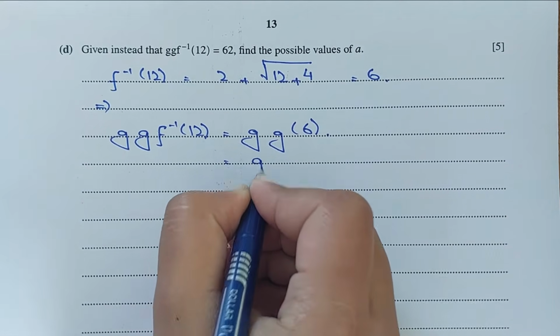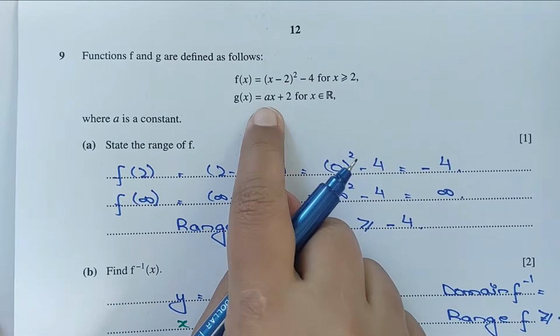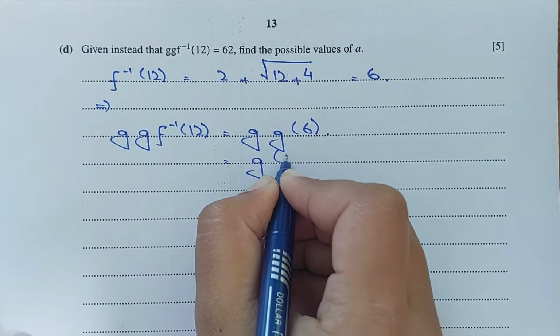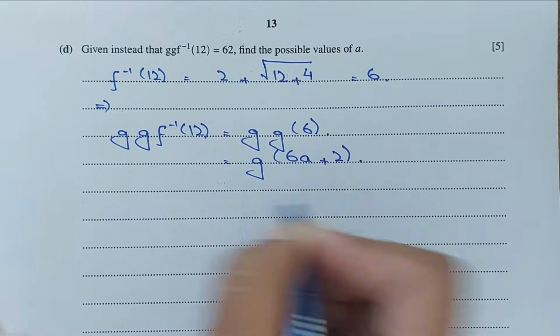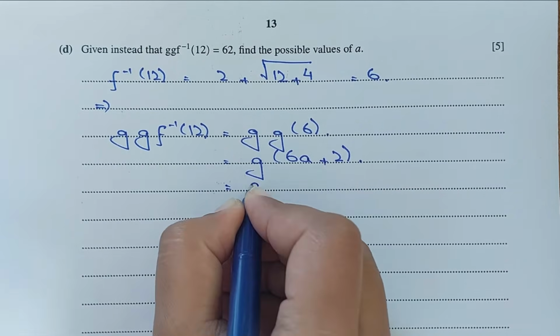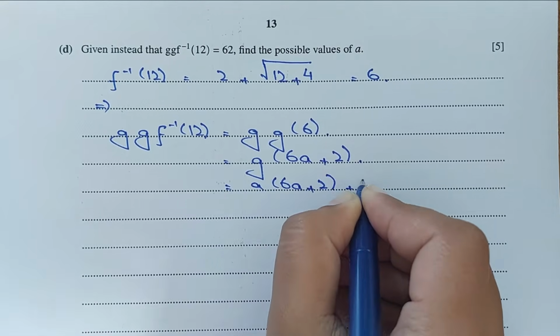f inverse of 12 is 6. What is g of 6? Okay, g of x is ax plus 2. So g of 6 would be 6a plus 2. And g of (6a plus 2) would be a times (6a plus 2), and then plus 2.